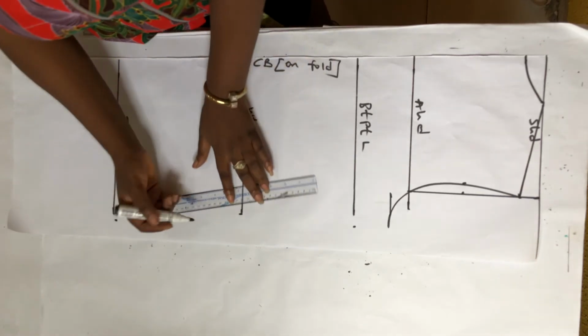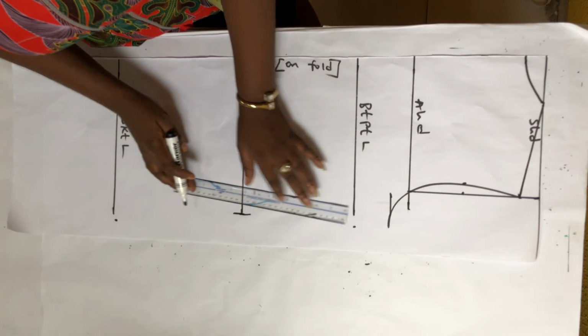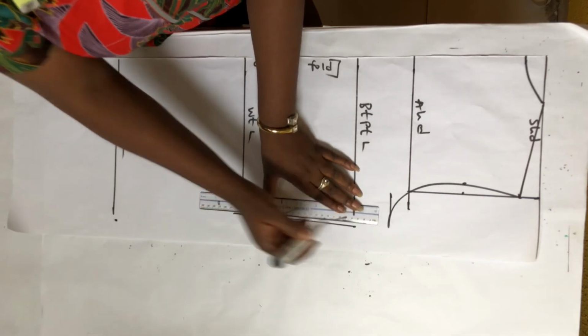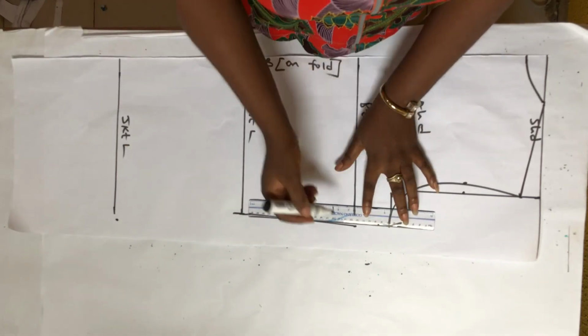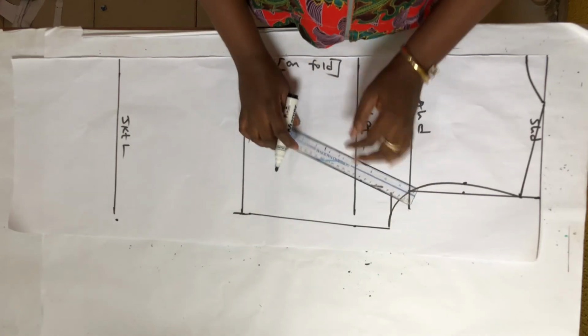So I'm going to draw a straight line, 0.5 up, 0.5 down, then connect the tip into my bust point length line and draw it straight up to the armhole area.